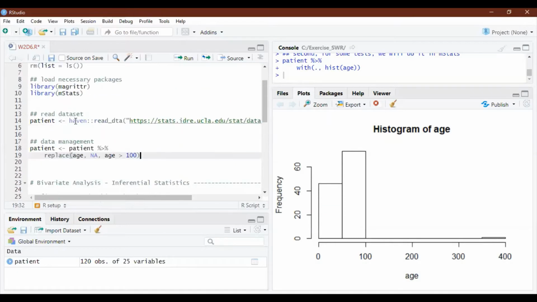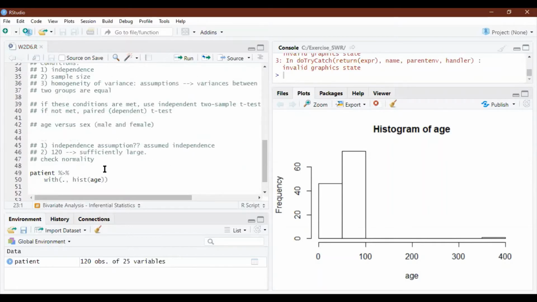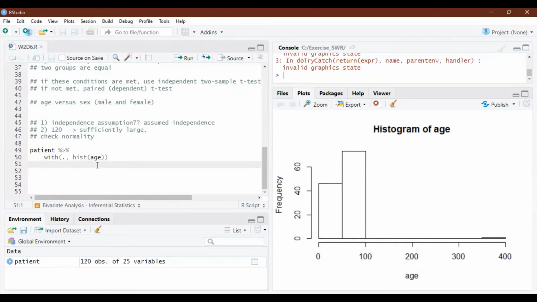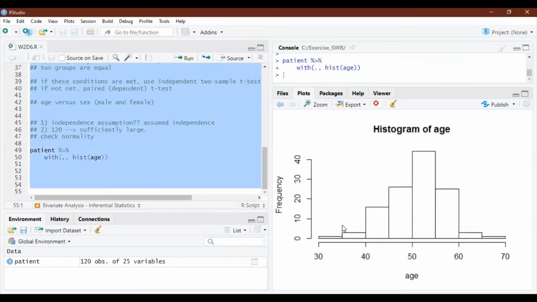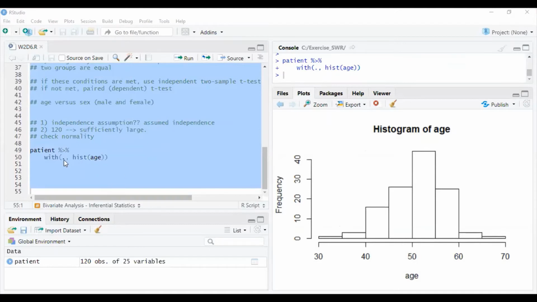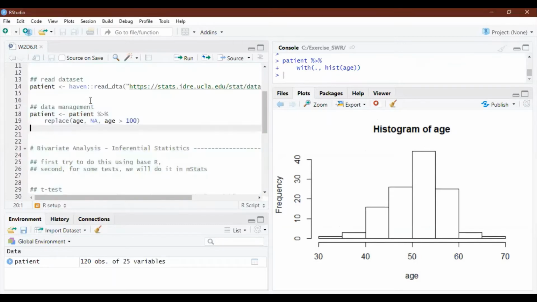Anyway, we need to run this. So run everything. Let's run again. We assigned the result to the same object, the patient data set.